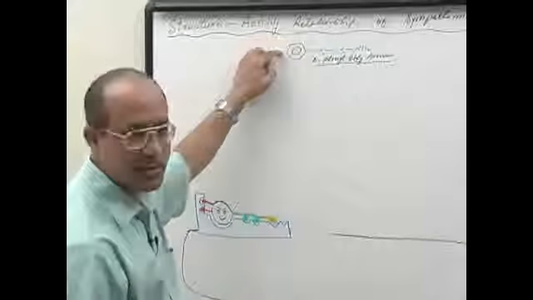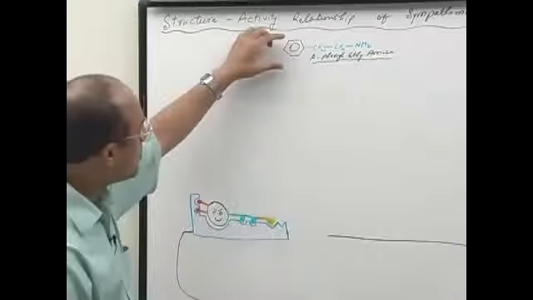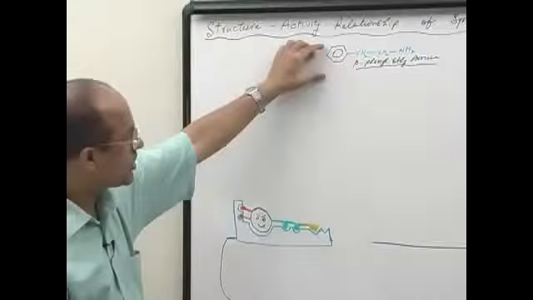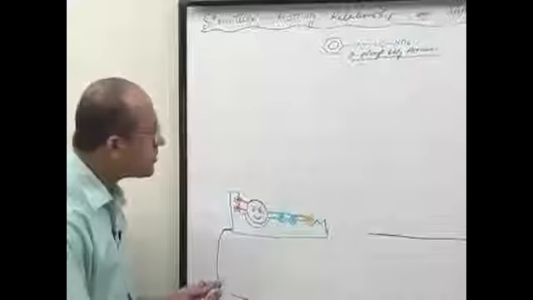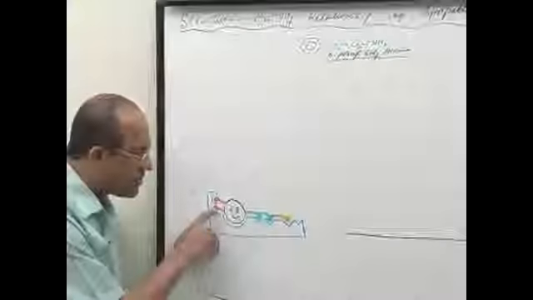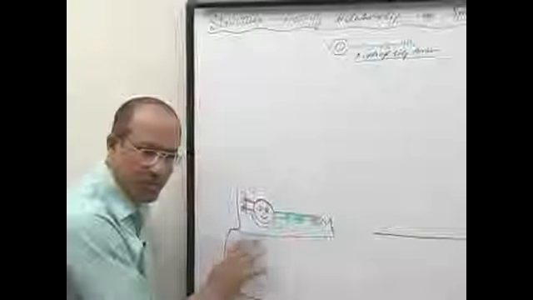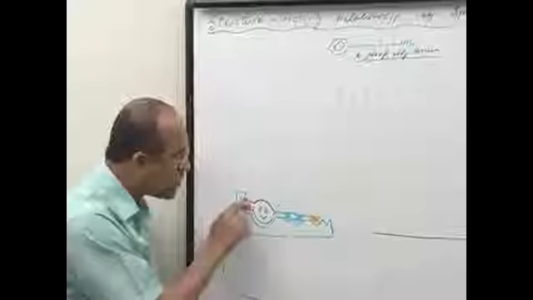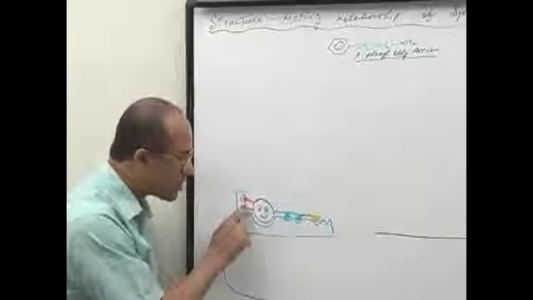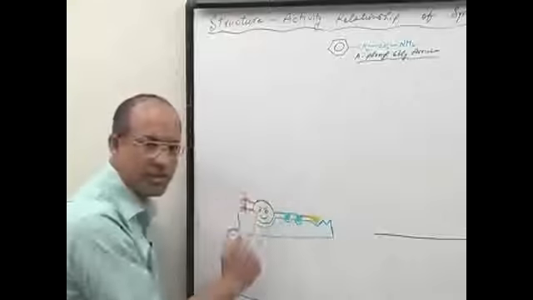If these are not there, they are considered non-catecholamines. Applying this structure to the receptor, catecholamines, due to the presence of these hydroxyls, bind strongly to the receptors. But non-catecholamines, because they do not have hydroxylation at the third and fourth carbon of the benzene ring, do not bind strongly with the receptors.